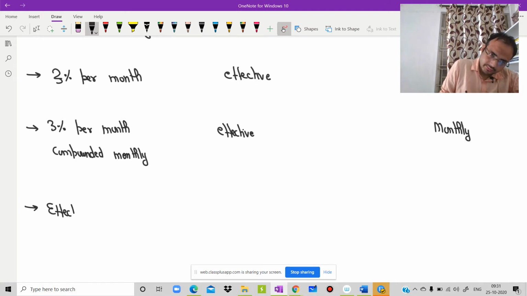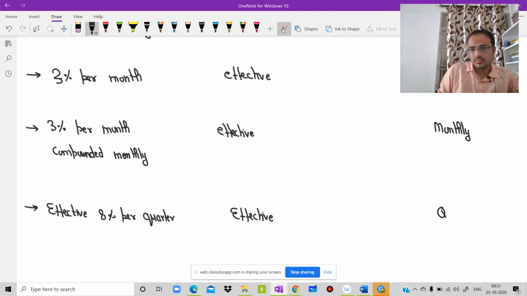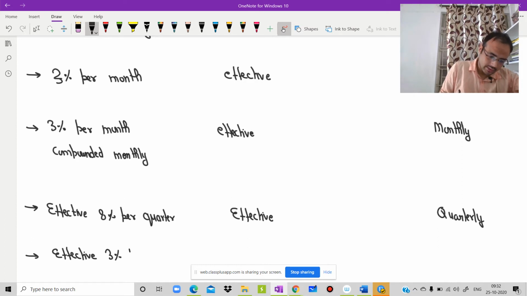Effective 8% per quarter. So it means it will also be effective and quarterly. Then effective 3% per month, compounded daily.